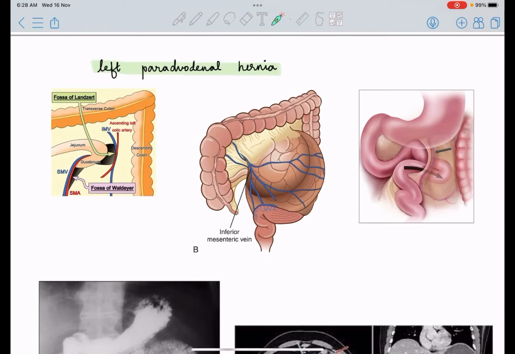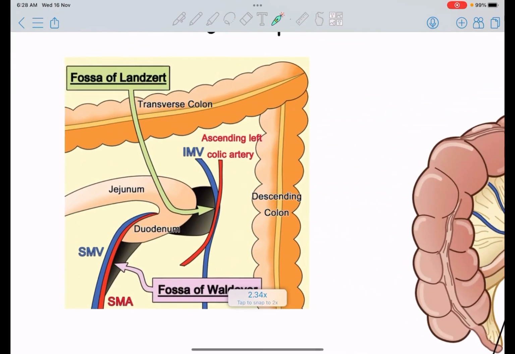After understanding the right paraduodenal hernia, it is time for us to understand the left paraduodenal hernia. So to begin with, I will again go through the anatomy of the space, and this time we are going to look at the fossa of Landzert.